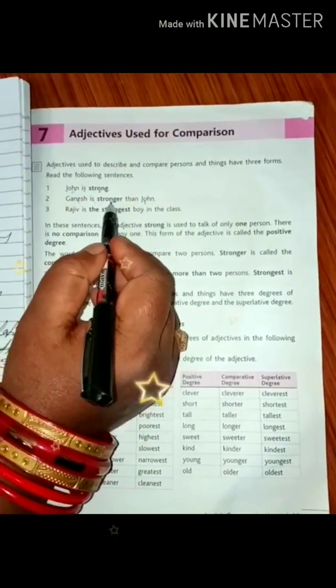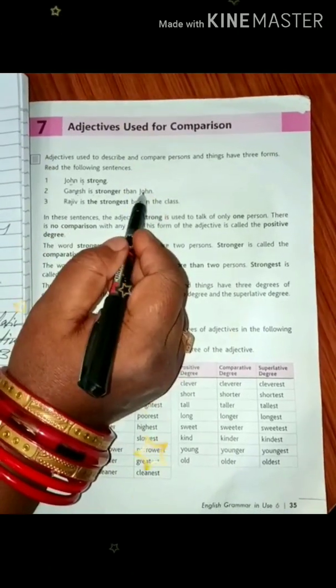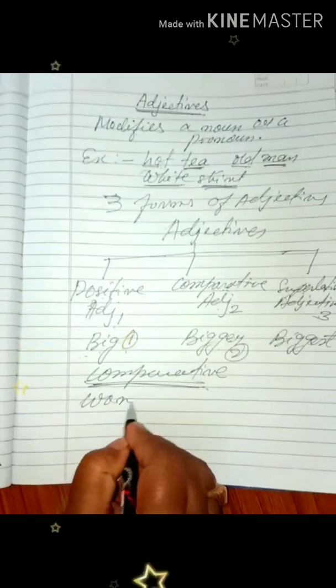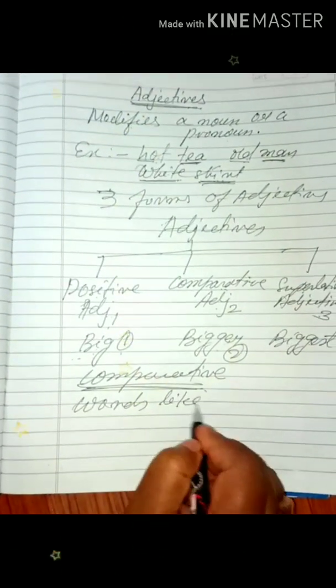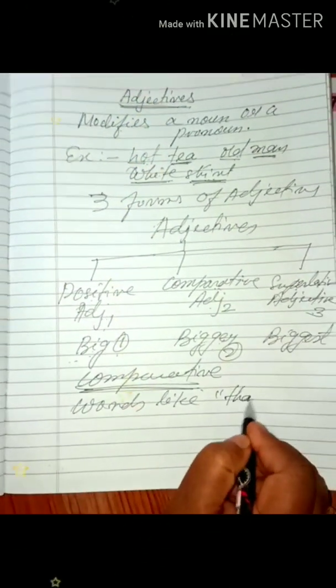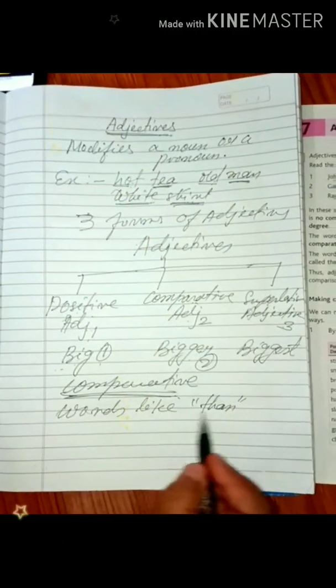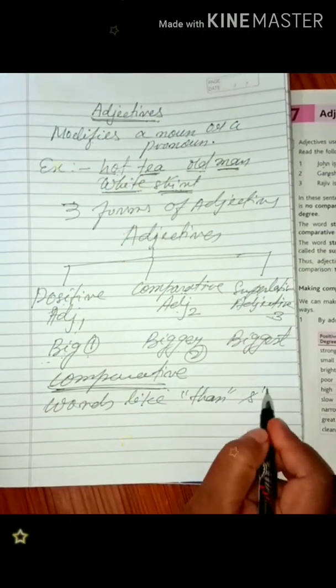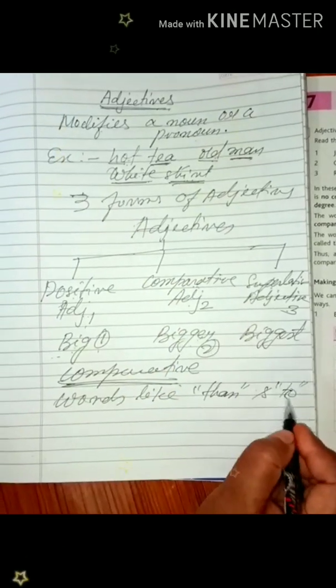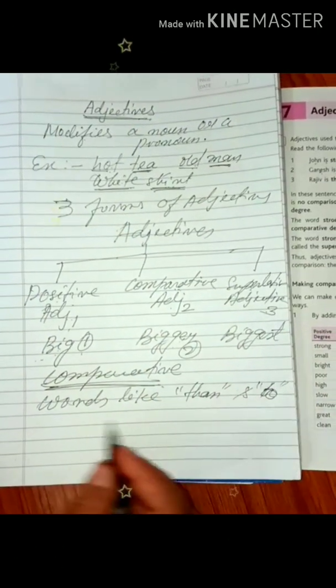So who is stronger here? Ganesh, then John. So here you can see words like than, T-H-A-N, and to are used.